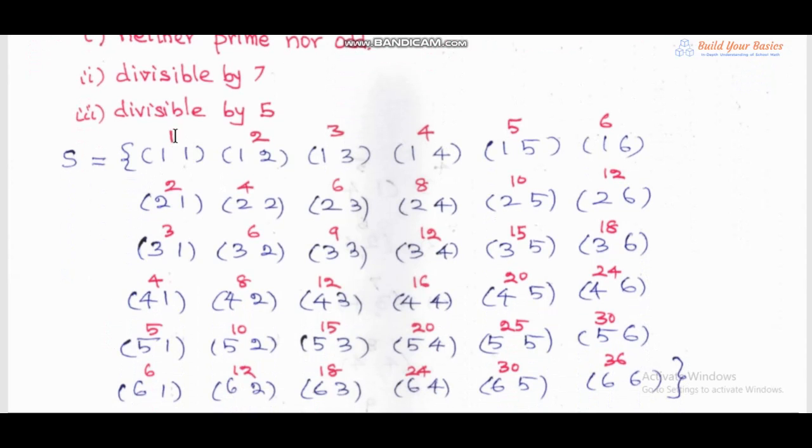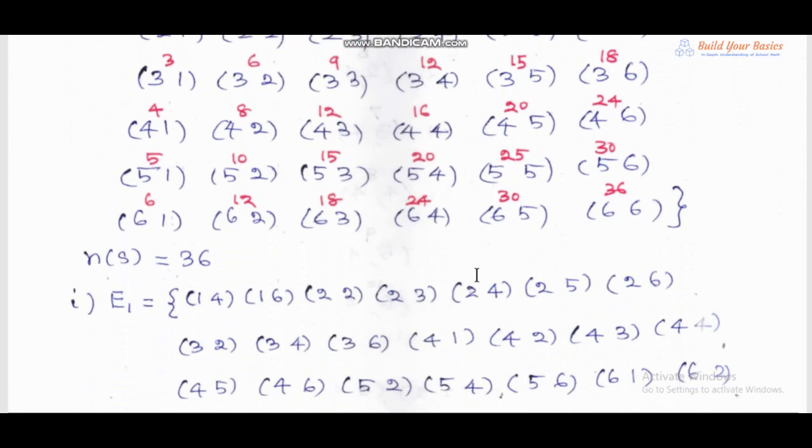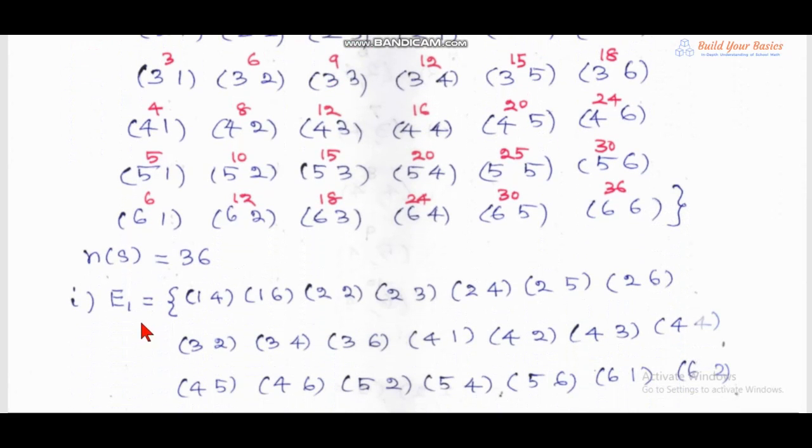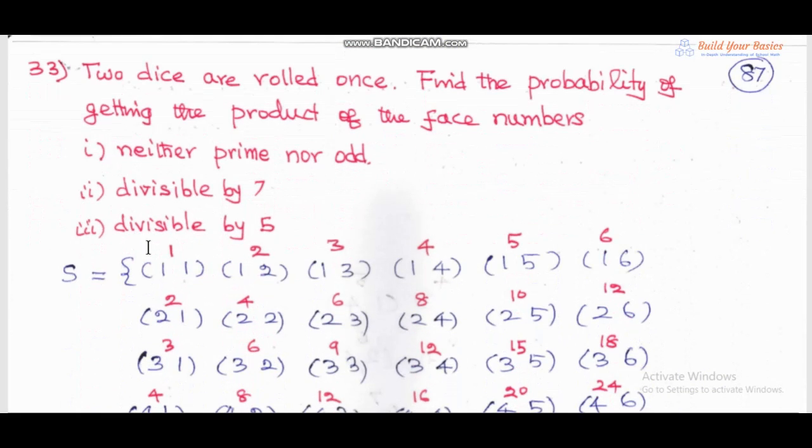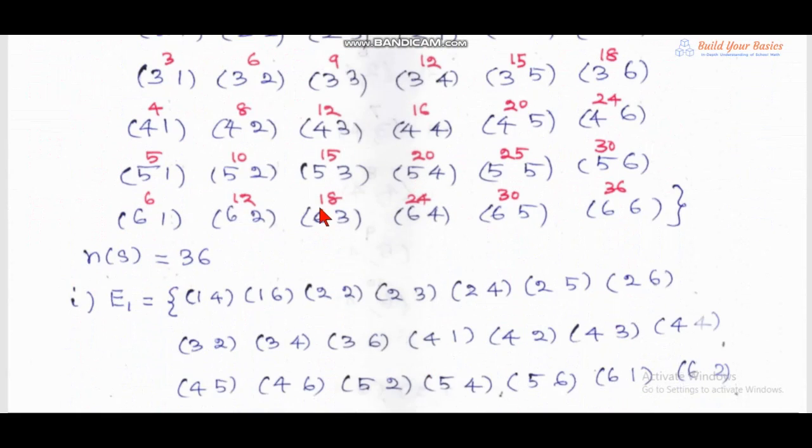The products are denoted at the top of every case. 1 1 product 1, 1 2 product 2, 1 3 product 3, 4 into 4 is 16, 4 into 5 is 20. So the first case, the event E1, the product of the face numbers is neither prime nor odd.